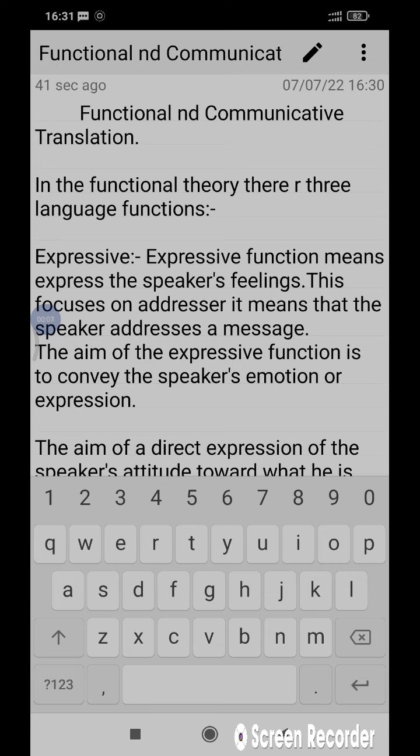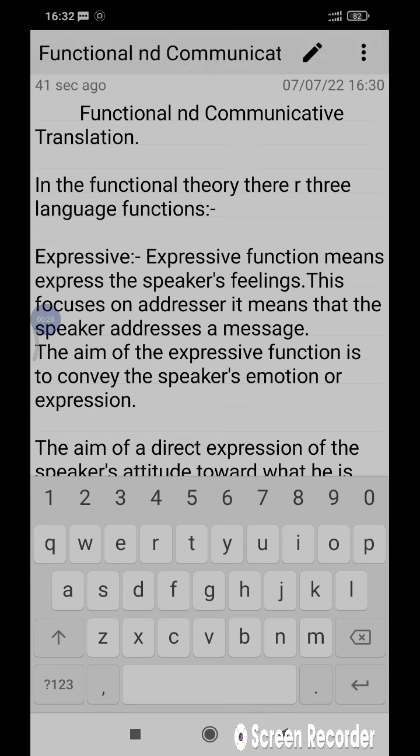Today I'm going to discuss the most important topic: functional and communicative translation. It is the most important topic for translation students who are pursuing translation in the BA program, in the translation subject as an English major.